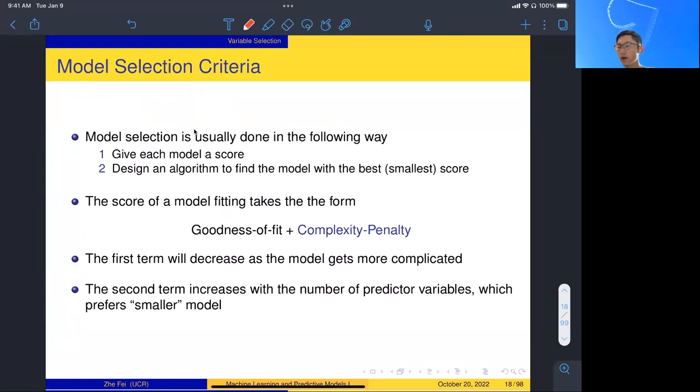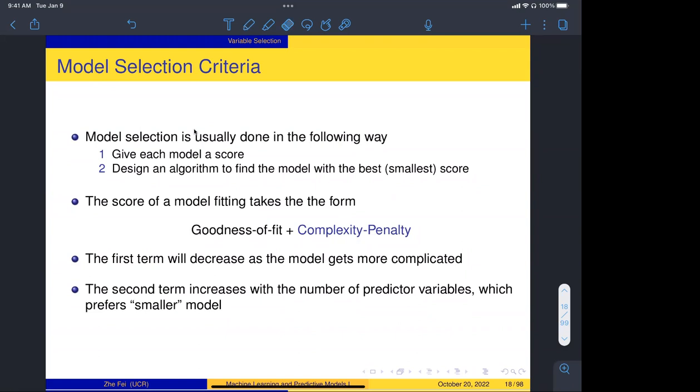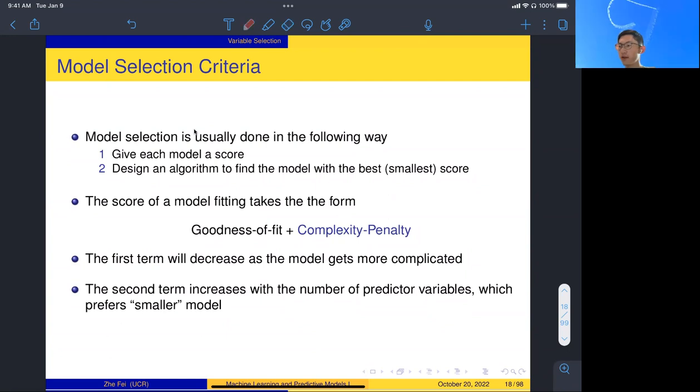It's just a slightly different form, but essentially the goodness of fit is what we mean by the loss. Goodness of fit measures how well the model fits your data, so smaller loss means better goodness of fit.